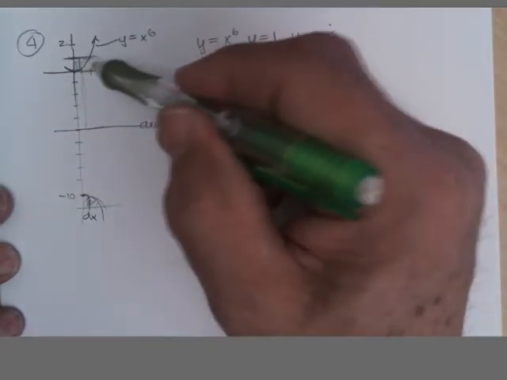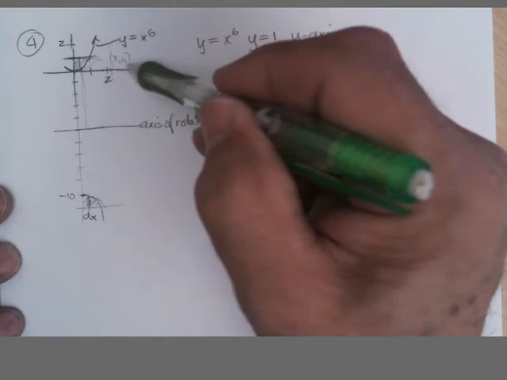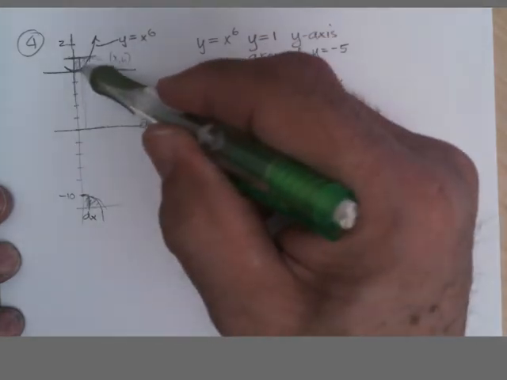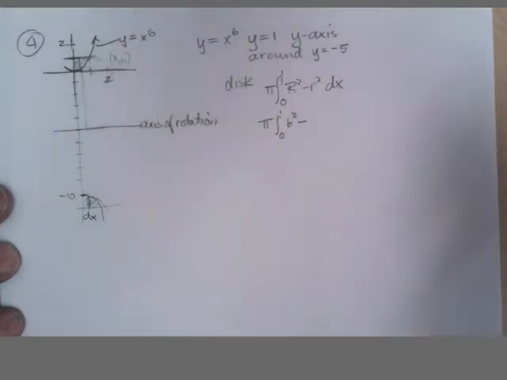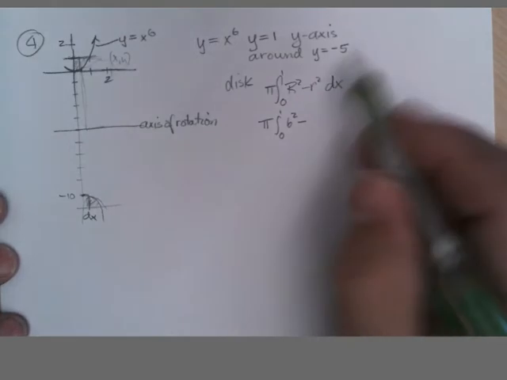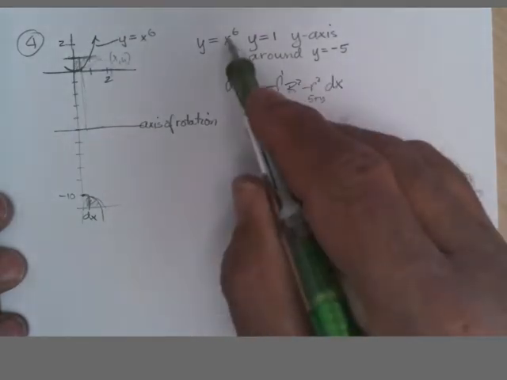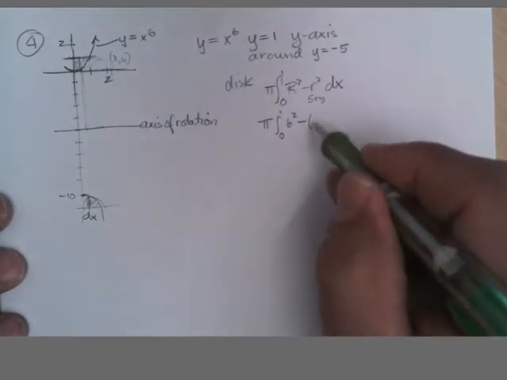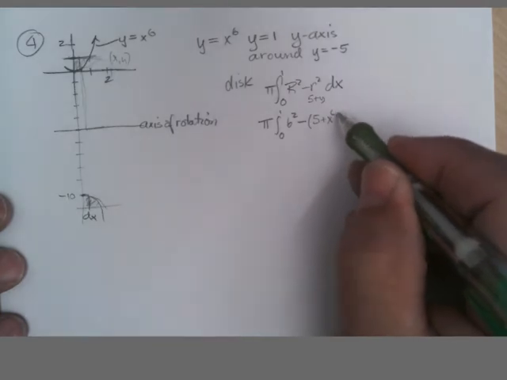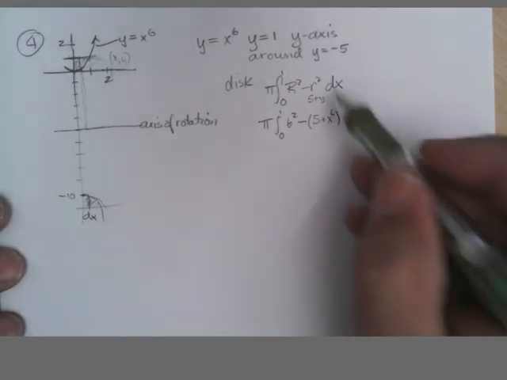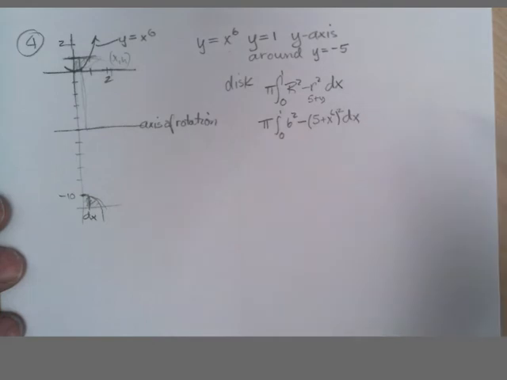And that height, again, since a point on the curve is x, y, over x up y, it'll be y. So it's 5 plus y. We need it in terms of x, 5 plus y, but y is x to the 6th, so it'll be 5 plus x to the 6th, quantity squared, dx.